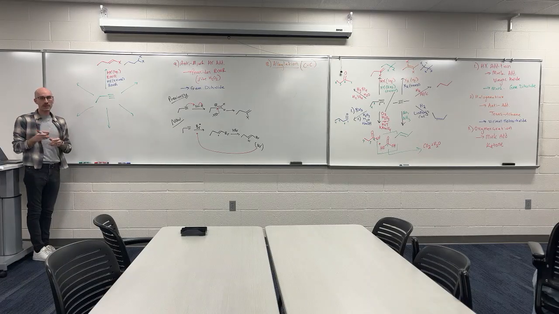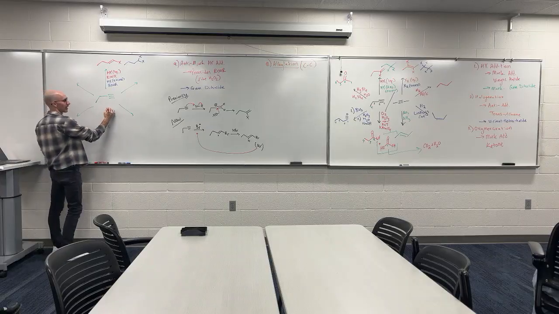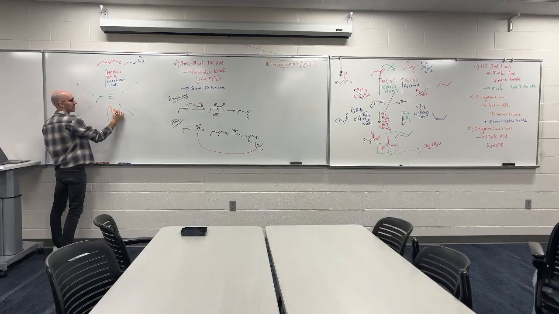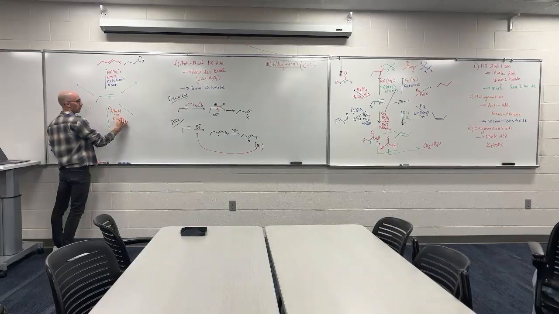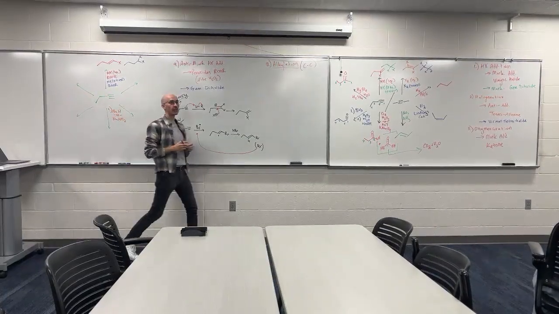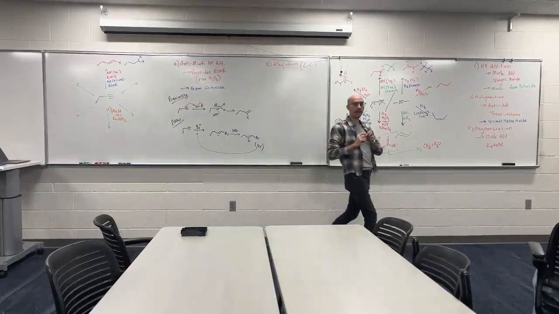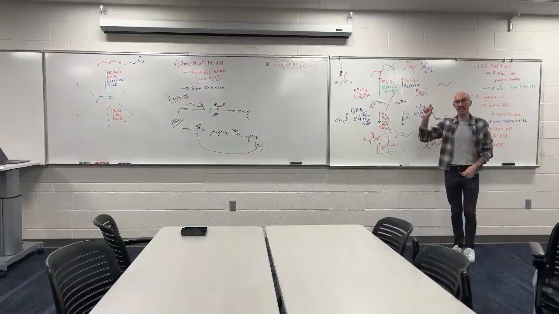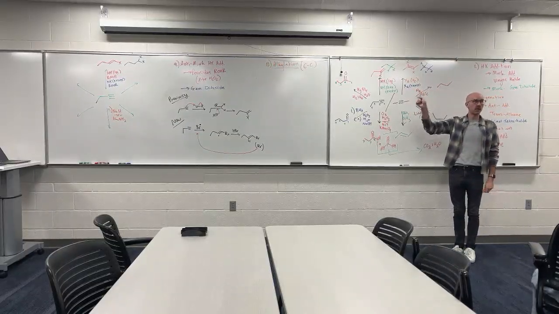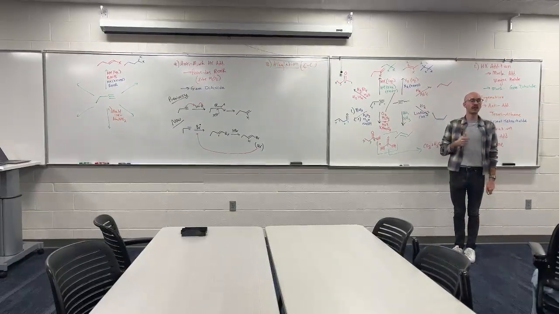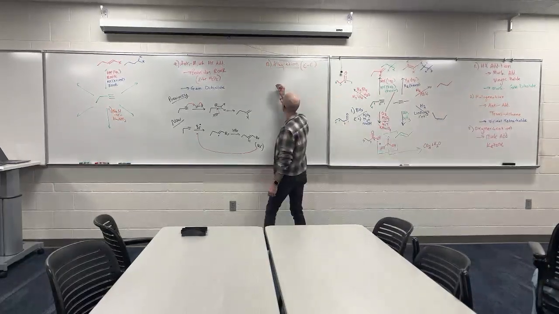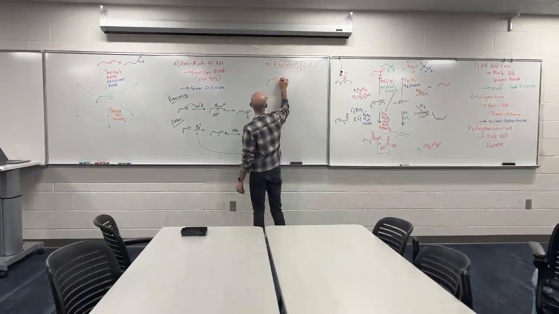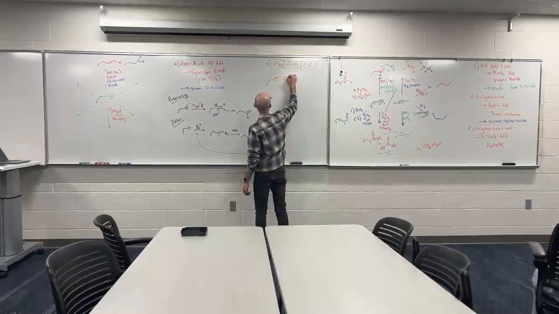The first thing that we need to do in alkylation is deprotonate the alkyne. We will use either sodium hydride, NaH, which is H minus, or sodium amide, NaNH2. This is a strong base.